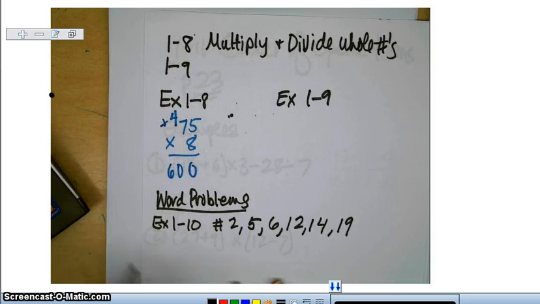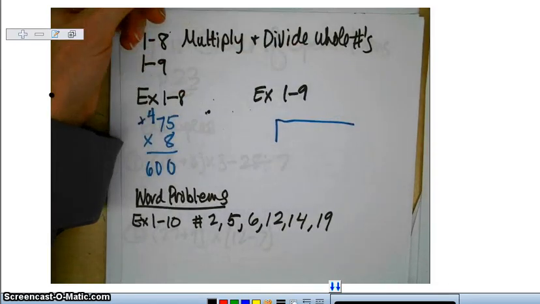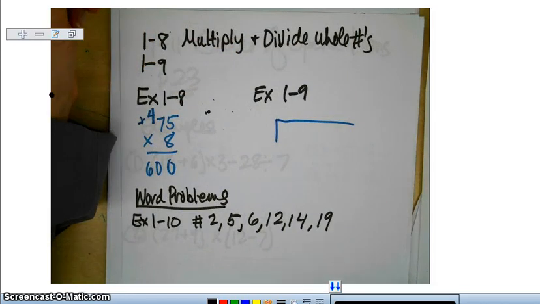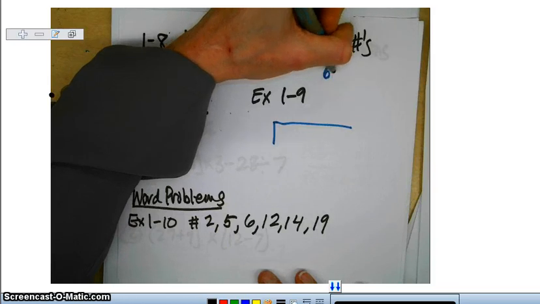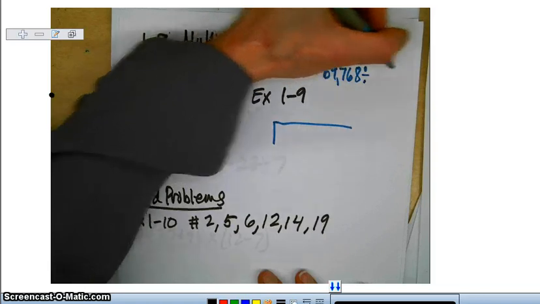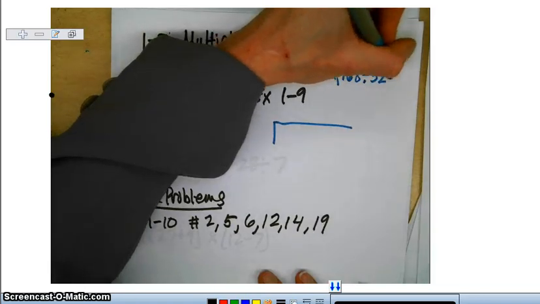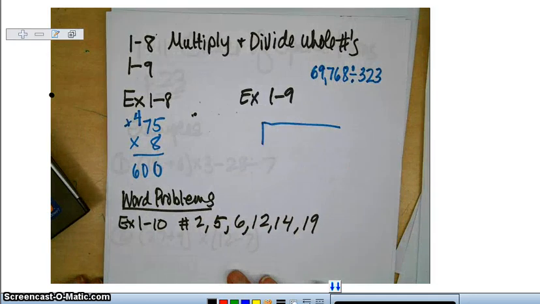All right, if I'm going to do some long division, let's pick a problem: 69,768 divided by 323.